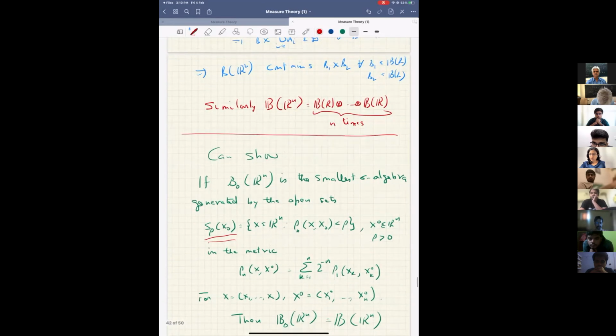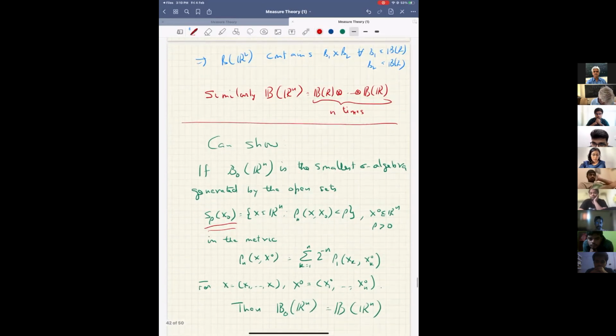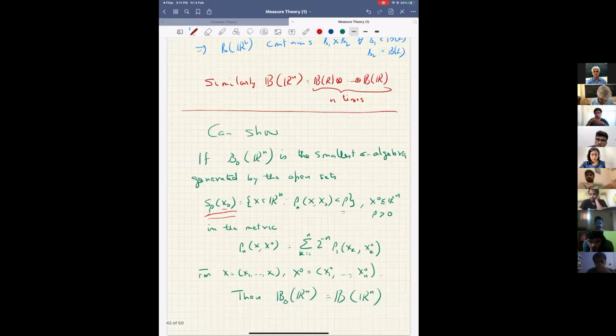Okay, so B0(Rn) is the smallest sigma algebra generated by open sets. What I mean by that is, I fix an x0, for every point x0 in Rn. For each and every point x0 in Rn, I'll take a rho here, and I'll collect all the points x which are within the ball around x0. Except in this case, I'm giving you a slightly funnier kind of metric here.